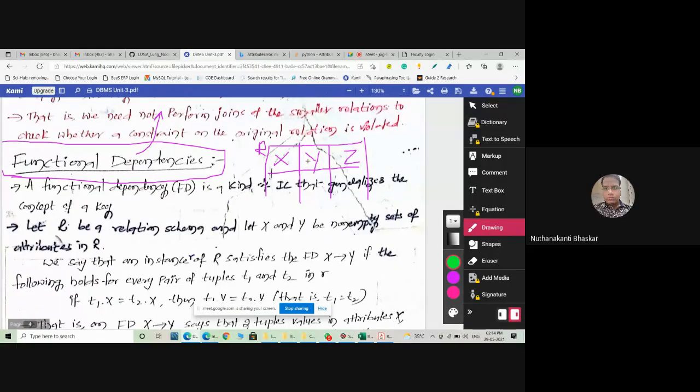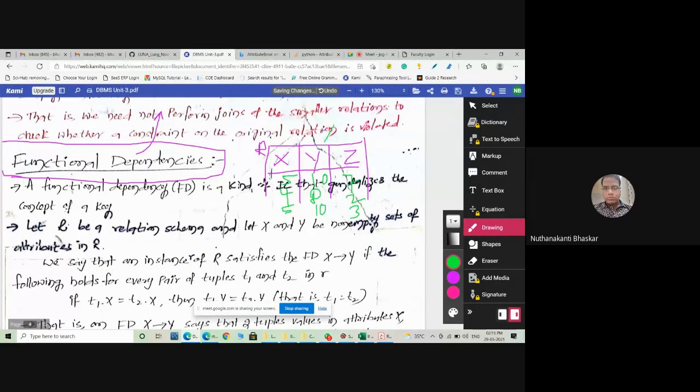In the same way, for example, X equal to 5, then compulsorily Y is 10. X equal to 4, then compulsorily Y equal to 8. Now again X equal to 5, then Y equal to 10. But the Z values are not like that, they are different values.